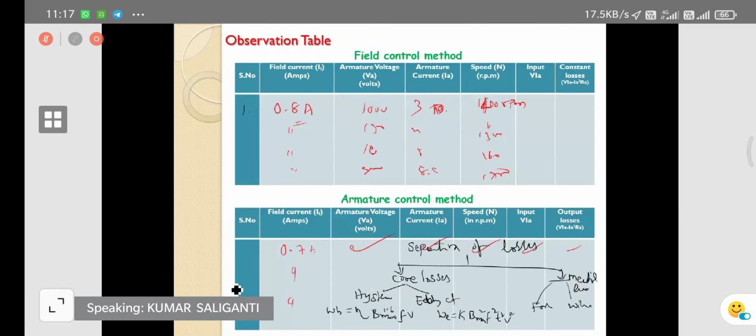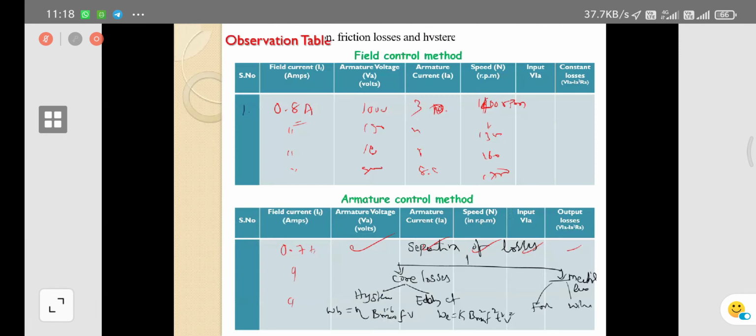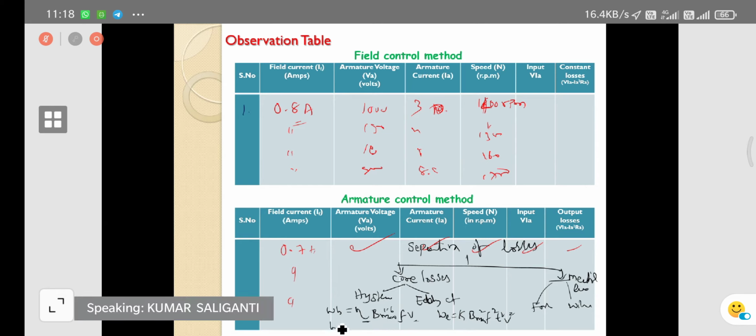You always remember that if you assume eta, the Steinmetz coefficient, B max and all these as constants, then WH equals CF and WE equals DF square.